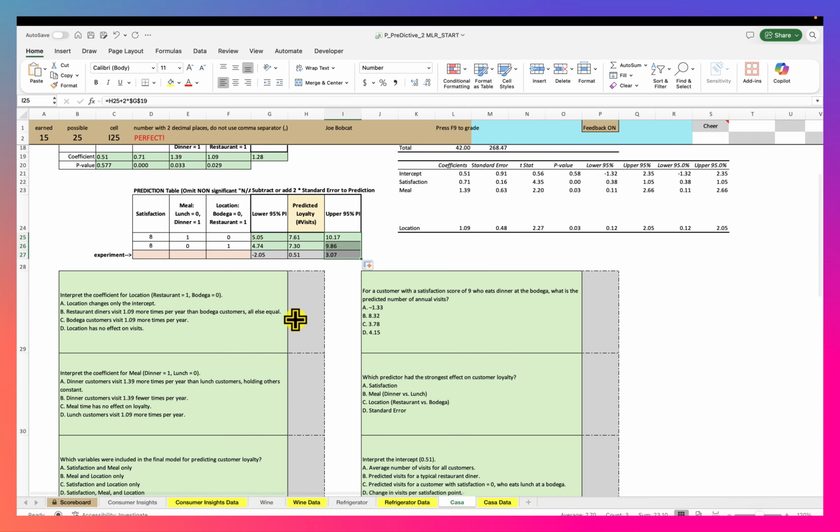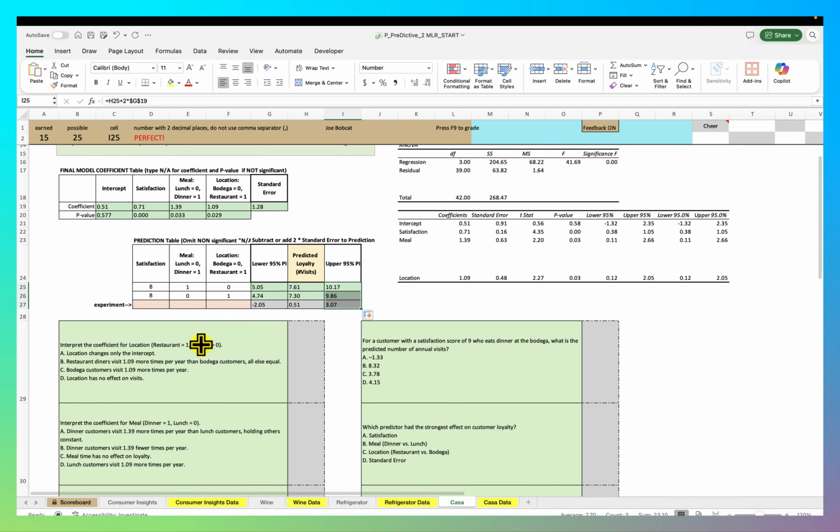Interpret the coefficient for location. Alright, so 1 is a restaurant. So, in other words, if it's a restaurant, then satisfaction goes up 1.09. Meaning you get an additional 1.09 visits if the customer went to the restaurant. That inspires more loyalty than the bodega.